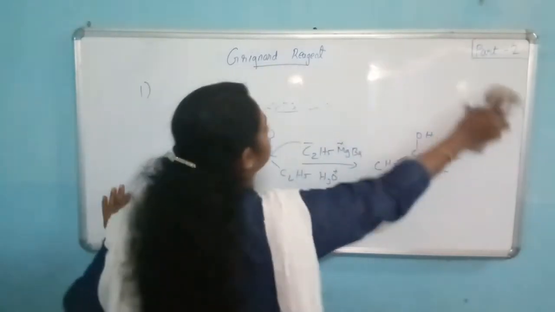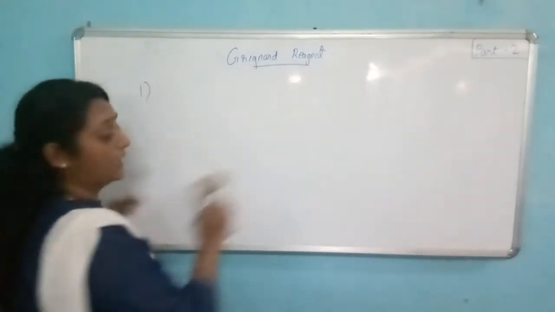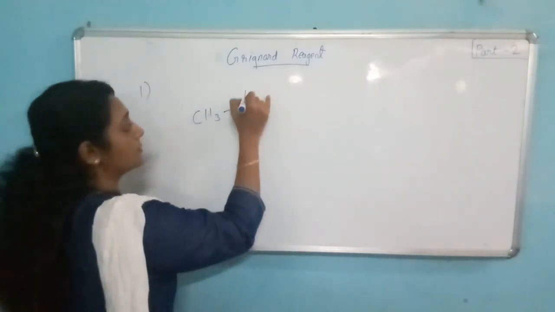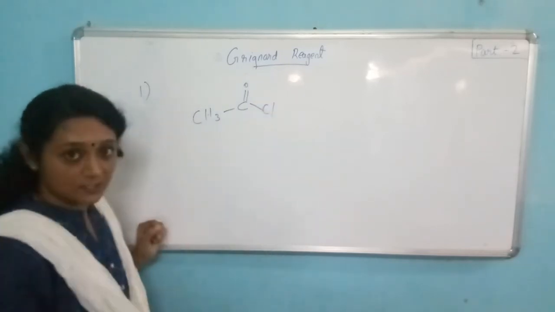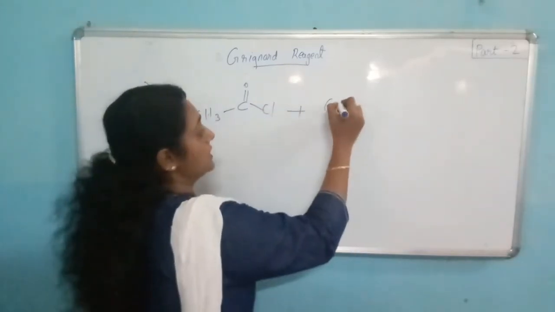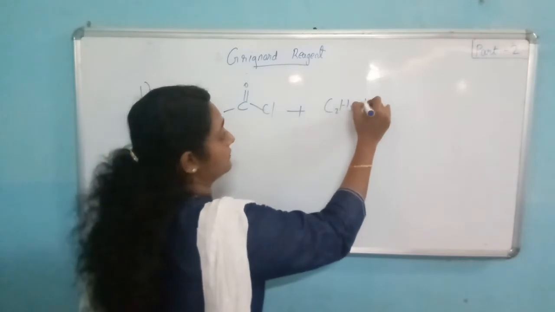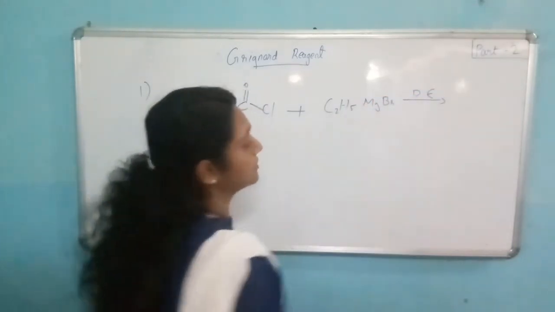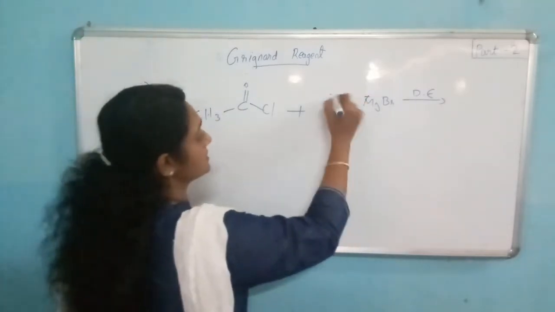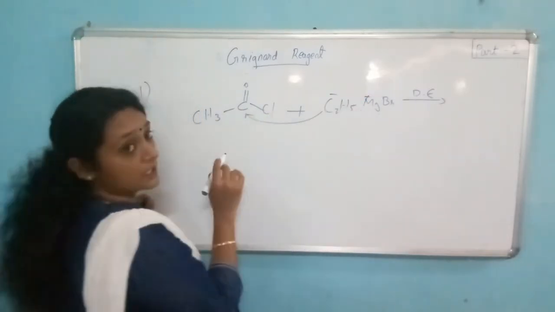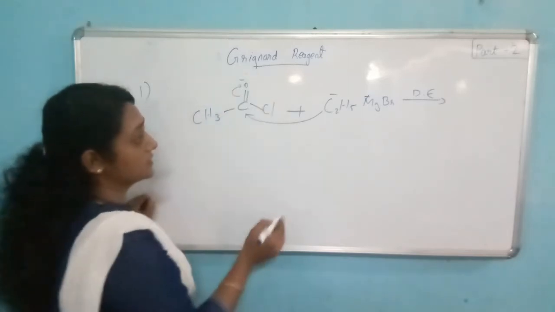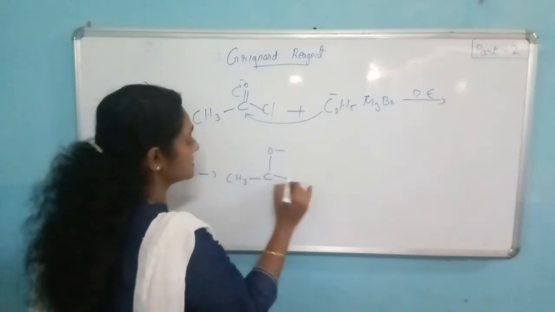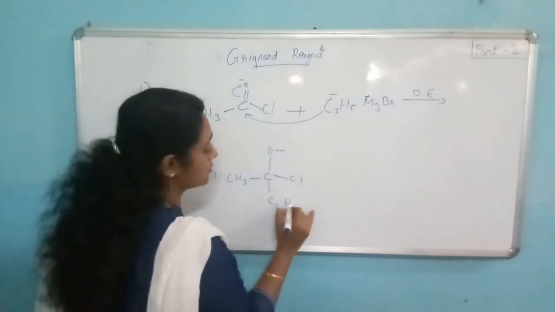Next is an acid chloride. For example, CH3, C double bond O, Cl. Acid chloride when treated with C2H5 MgBr, Grignard reagent, in presence of dry ether. The same mechanism, Mg plus, C2H5 minus attacks the carbonyl carbon, oxygen gets a negative charge, we get CH3, CO minus, Cl, C2H5.